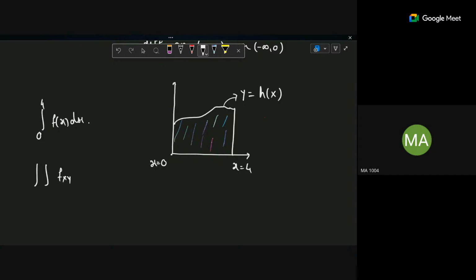You are just checking whether it's a valid PDF or not. You know the equation y is equal to h of x, and this is your PDF distribution.